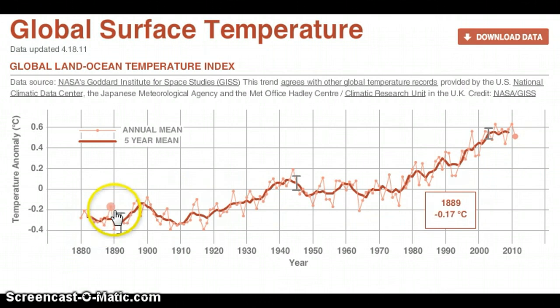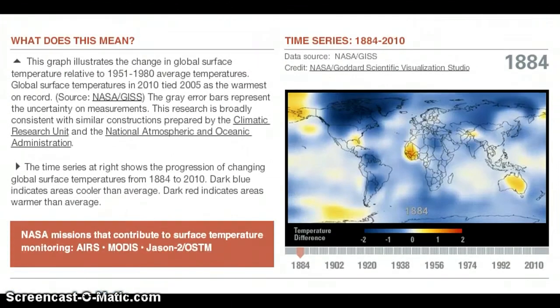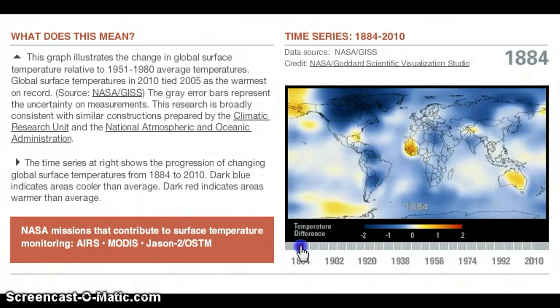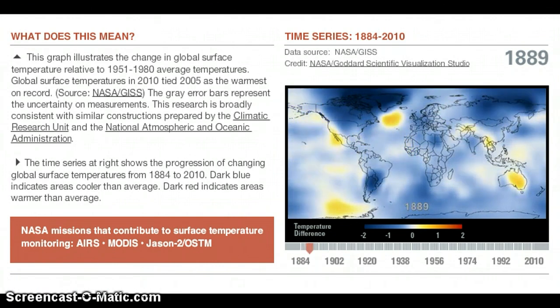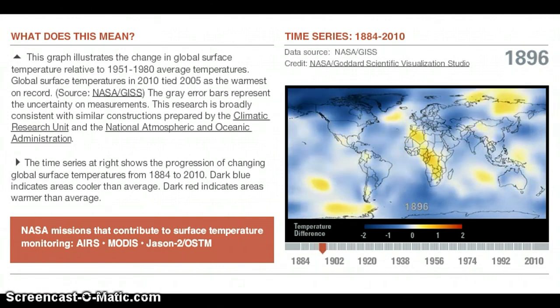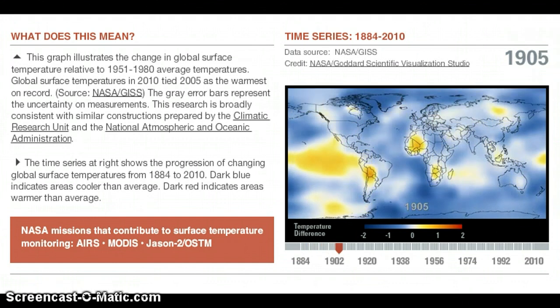If you look at each yearly global temperature, it goes up and down at intervals, so there is a regular pattern to it. However, if you look at the 5-year mean, the trend is upward over the last 130 years. This diagram here on the right helps show that temperature change as well, as you look at temperature difference from the average in that specific location in degrees Celsius.